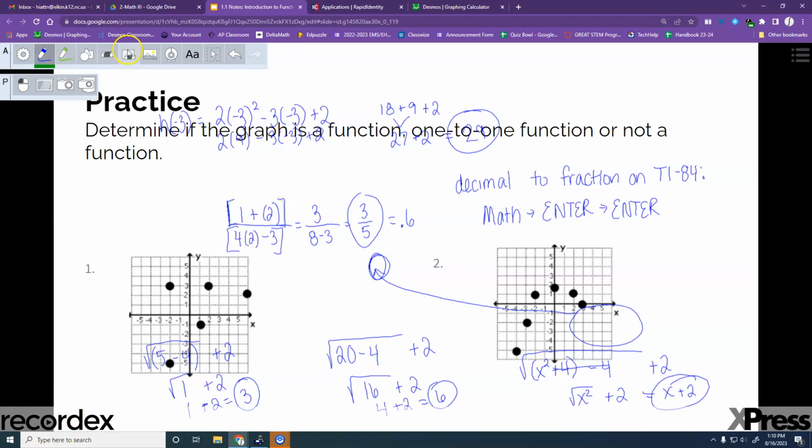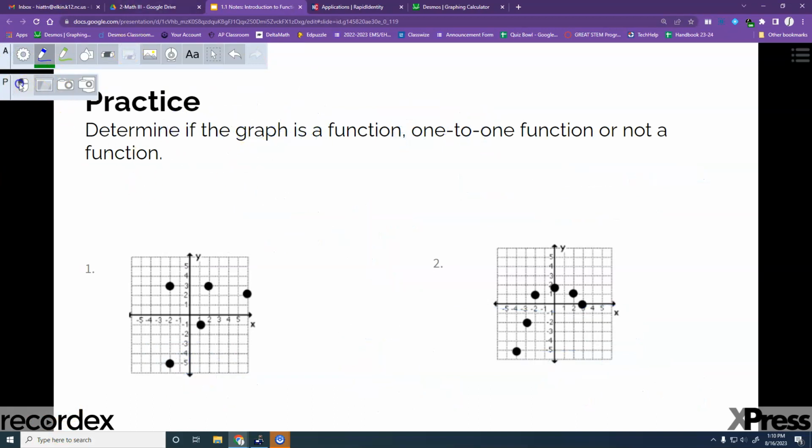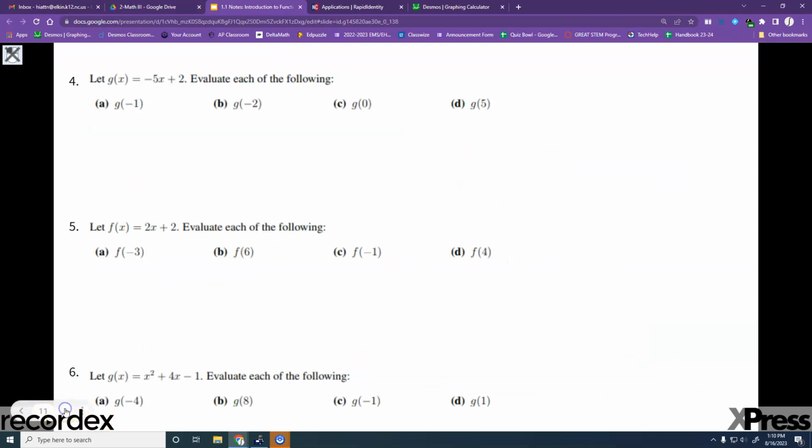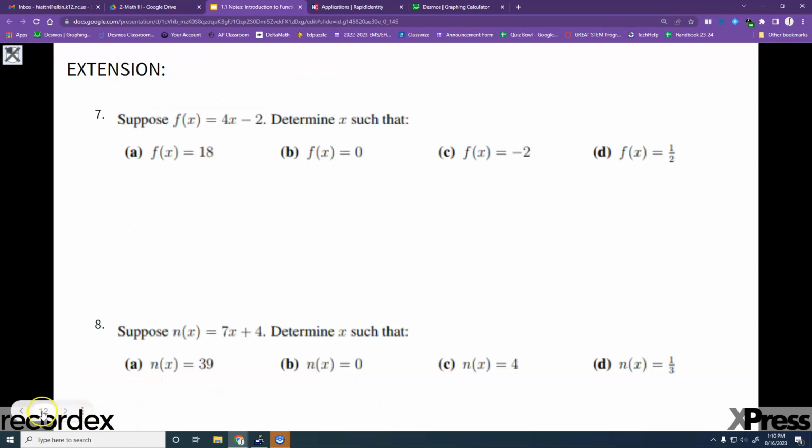Okay, so at the end of this, there are some questions for you to practice. You have a few about functions, and then you have a few asking you to evaluate. This last one, we're definitely not going to get to it today, probably, but it is a little bit of a stretch.